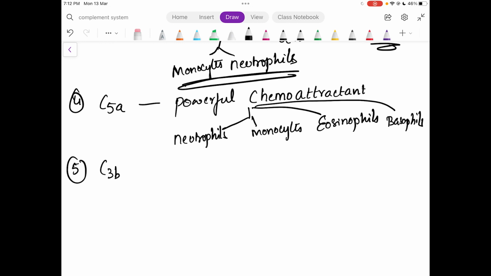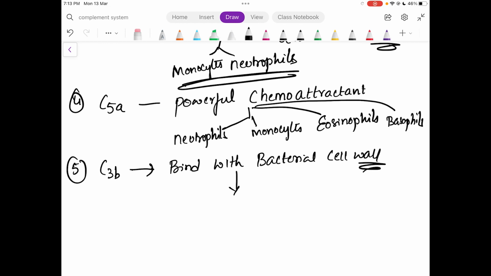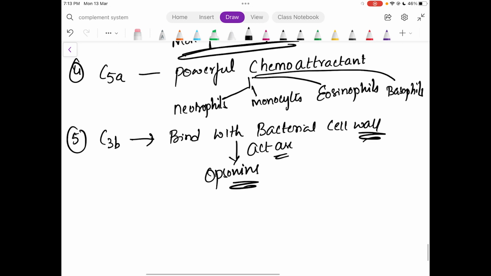Next, C3b. This C3b will bind with bacterial cell wall. They'll act as opsonins. By binding with the bacterial cell wall, they act as an opsonin.